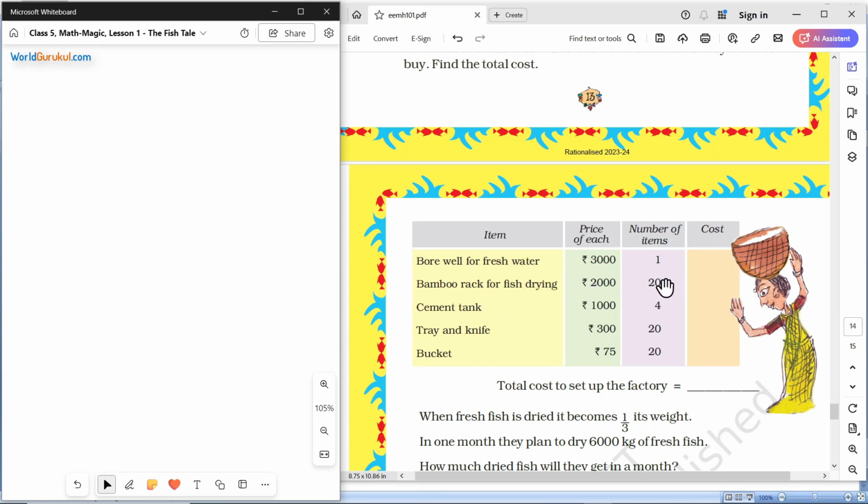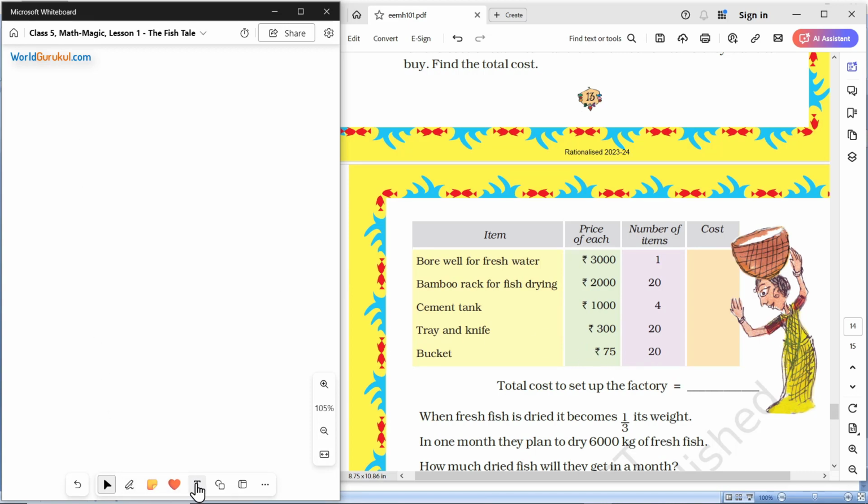They need around 20 and each one costing 2,000, and cement tanks. They need 4 and each one costs 1,000 rupees. Trays and knives they need around 20, each costing 300, and some 20 buckets, each costing 75.